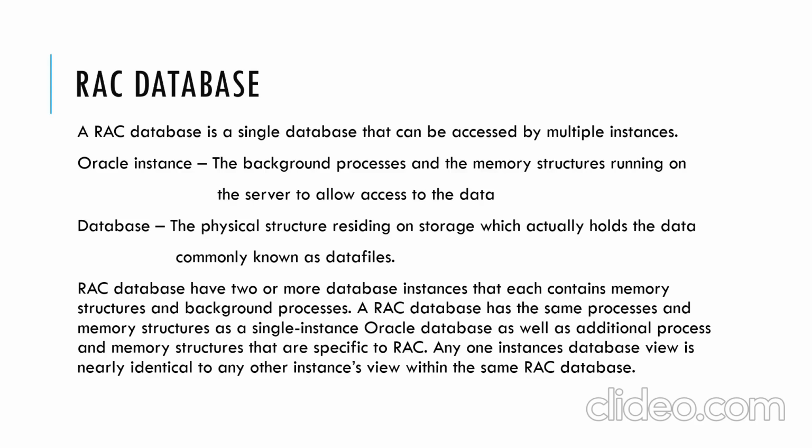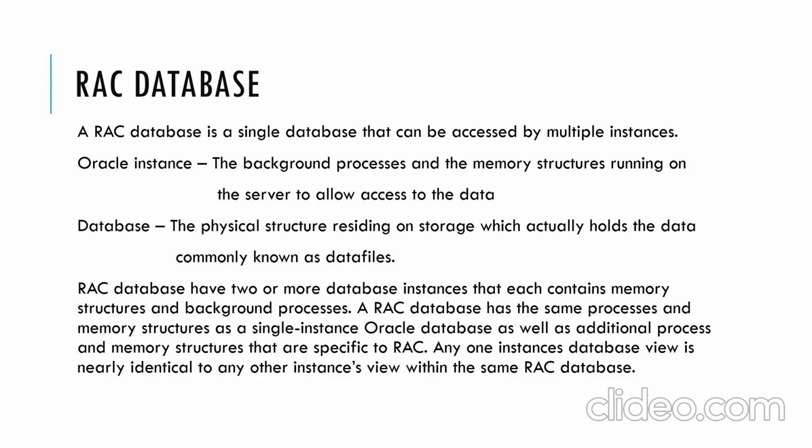A RAC database has two or more database instances that each contain memory structures and background processes. A RAC database has the same processes and memory structures as a single instance Oracle database, as well as additional processes and memory structures that are specific to RAC.